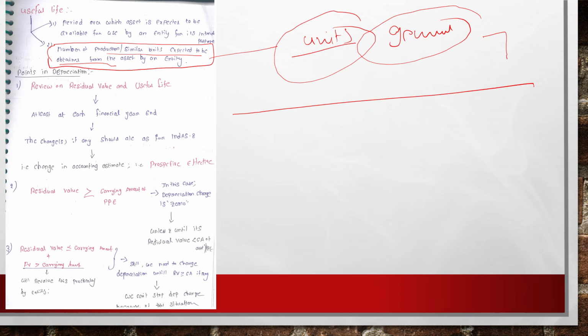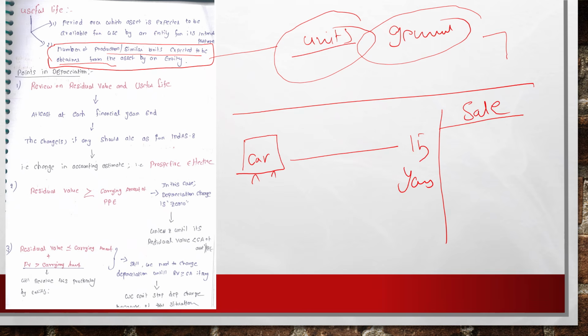Suppose you have a car, so you want to use that car for office purpose till the 15th year. Post the 15th year, you want to sell that car. You offer the car for sale to a few secondary markets, but the car is sold in the 18th year.